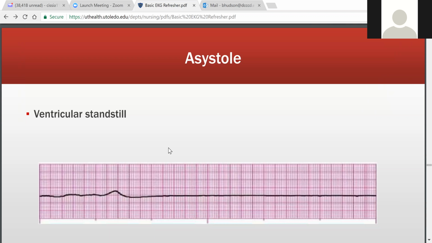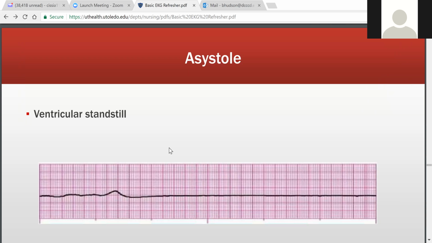Does that make sense? Yes. Okay. So keep it simple. We're not looking for signs and symptoms. We're not looking for causes. We're not looking for how to treat it. We just need you to look at the strip, do your measurements, and say, this is such and such, if that's whatever it's asking you.